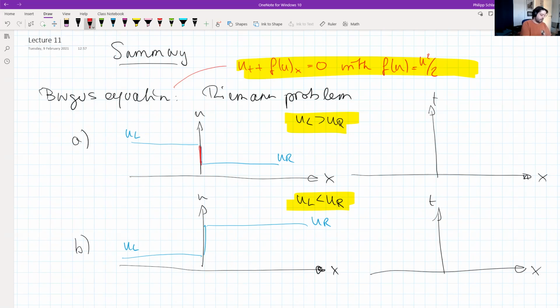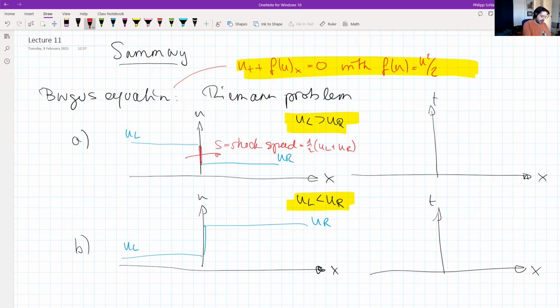And this shock moves with a speed s, which is the shock speed. This shock speed can be calculated via the Rankine-Hugoniot condition, and in the case of Burger's, only in the case of Burger's, this will reduce to 1/2 of UL plus UR.